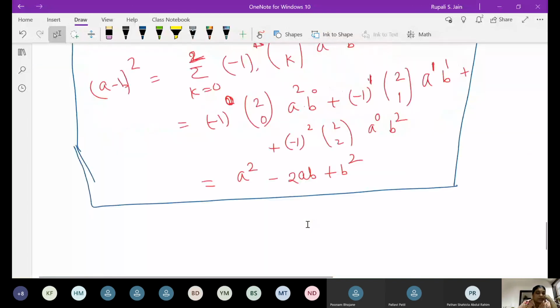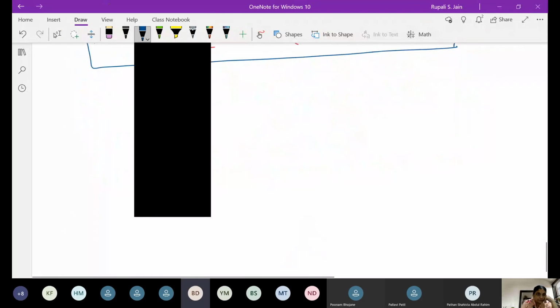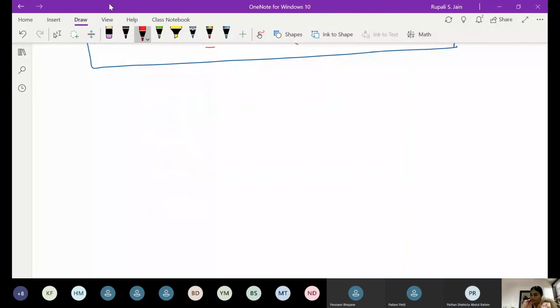Now can you tell me the general formula? What will be delta raised to n, the nth order difference of yt? I can write this as the summation k equal to 0 to n of minus 1 raised to k, nCk binomial coefficients, times y at t plus n minus k.